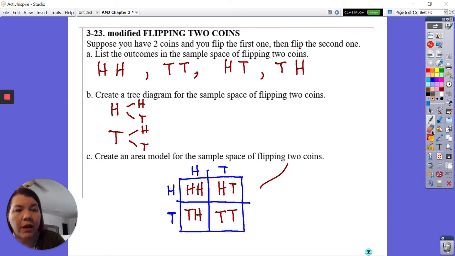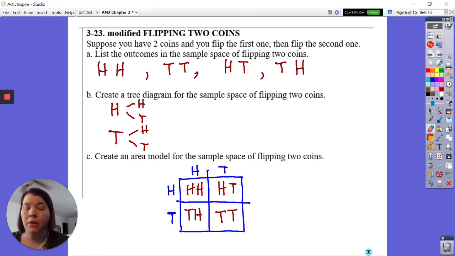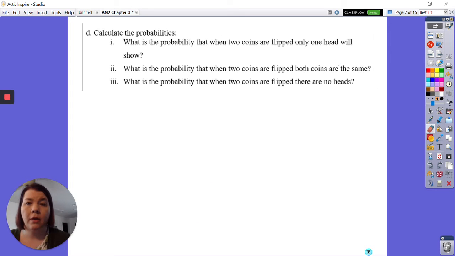And so those are my other choices. Okay, so now I've created the three things. If you're having trouble with the sample space, the area model should help you get one of those, but the area model can not always work. Area models are awesome when the choices are not equally likely. But all of our choices here are equally likely, so the area model can just help me create my sample space. The tree diagram can also help me create my sample space if you're having difficulties creating a sample space.